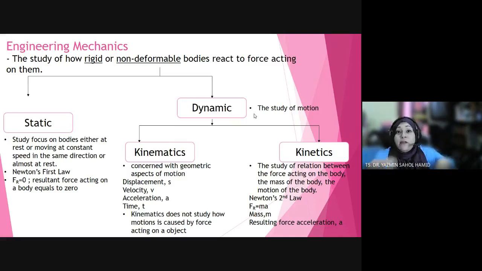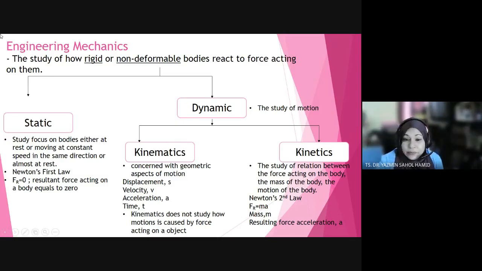The formula for Newton's second law, I think all of you are very familiar: F equals ma, where m is the mass in kilograms, and a is the resulting acceleration. Okay, all right. This is a general overview of what we're going to learn.